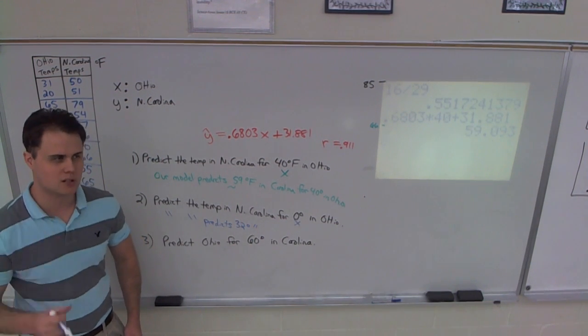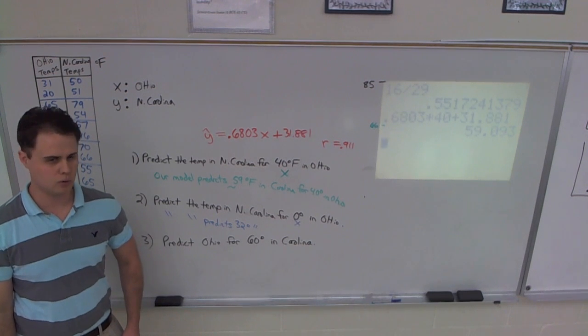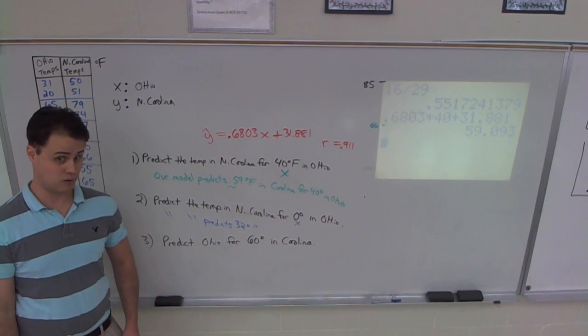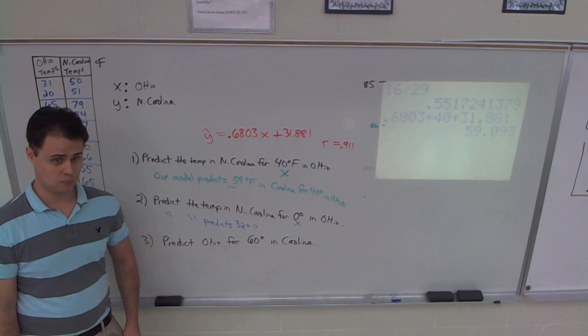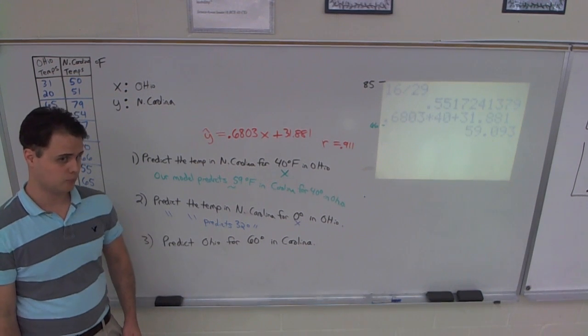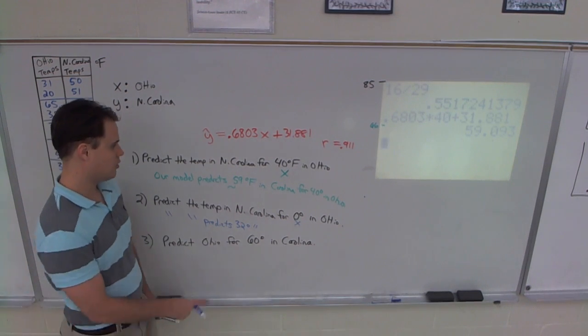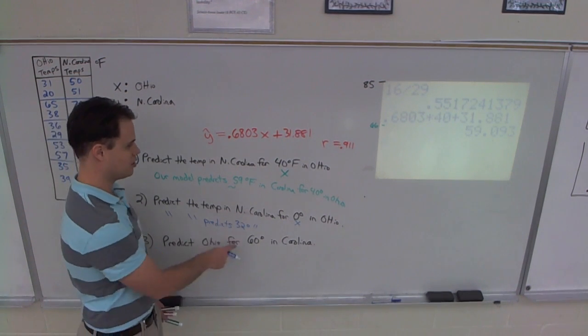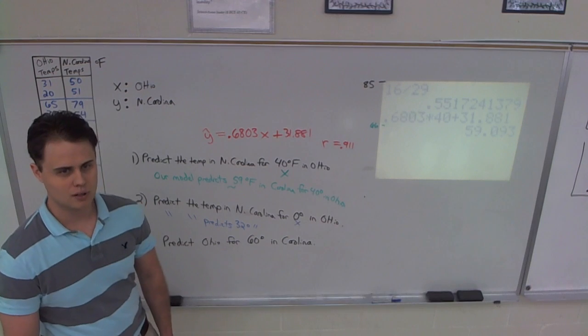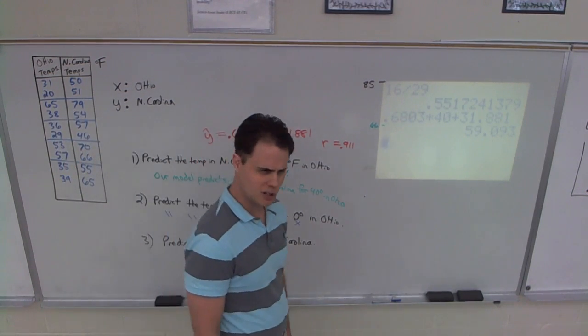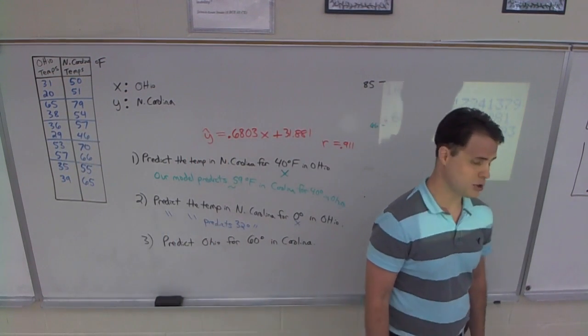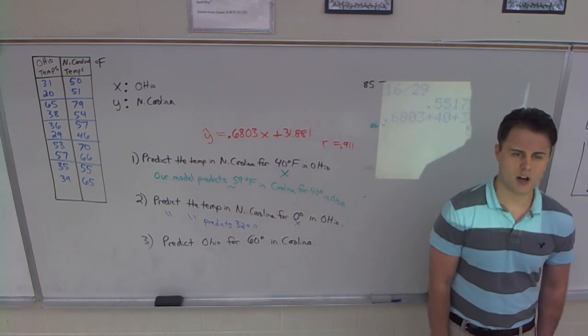Think about the context here a little bit. Ohio, North Carolina. North Carolina's in the south. Ohio's not. Ohio's up by the Great Lakes, right? Stuff gets colder in Ohio. So this is saying if it's 0 in Ohio, it's 32 degrees, which is at freezing in North Carolina. Do you think it gets to freezing in North Carolina very often, ever? I'm sure it does, but not very often.